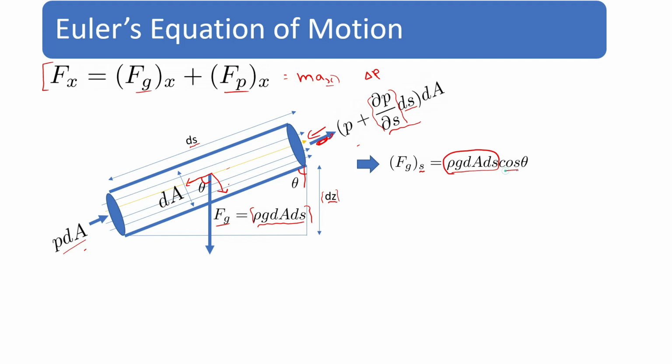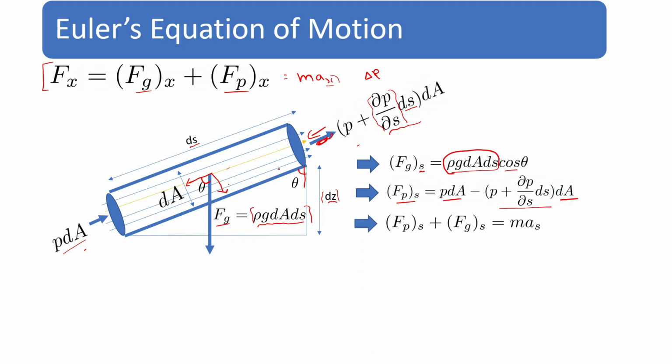If you resolve the force, that means you are finding the gravitational force along the direction of a streamline. And FPS, that is the pressure force in the direction of the streamline, will be equal to P into dA minus P plus dou P by dou S into ds into dA.